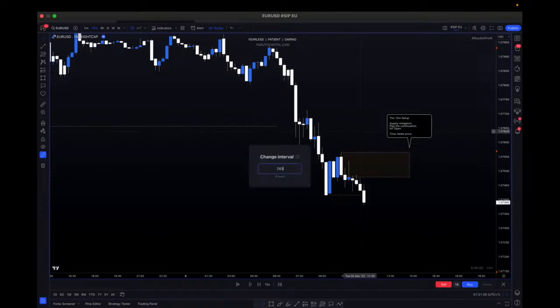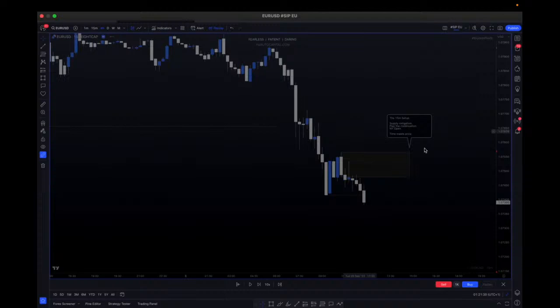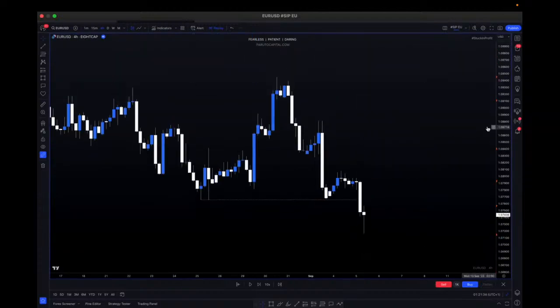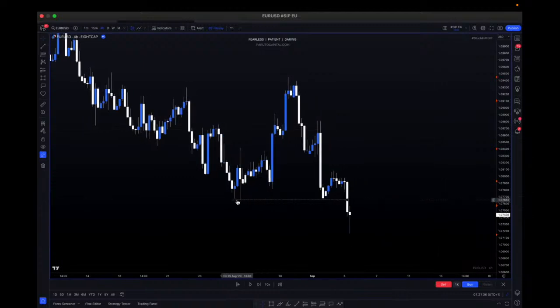Now let's look at the 4 hour before we come back to the 50 minutes, and then I'm going to show you why this was a valid entry. On the 4 hour, clearly you can see that we now have a continuation break of structure, a continuation bearish move, and price has already pushed, taking out the previous low. With this high momentum, and looking at the New York session, that's basically how price moves.